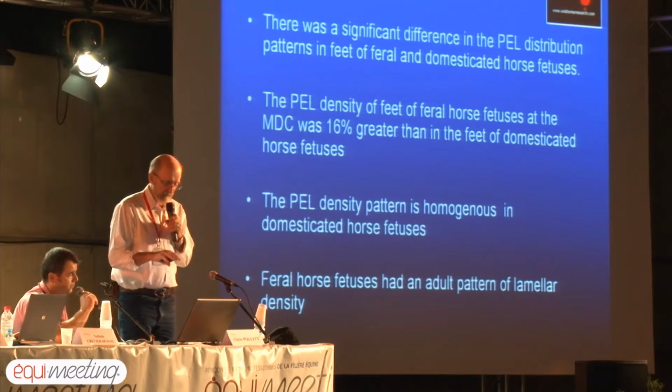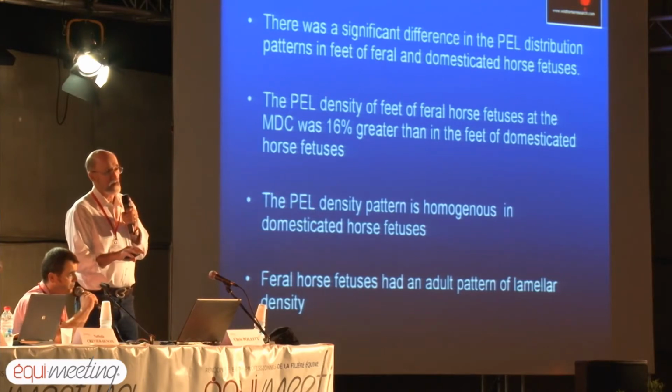So the feral horse fetus is born with the adult pattern. As soon as its foot strikes the ground, it's ready to run.